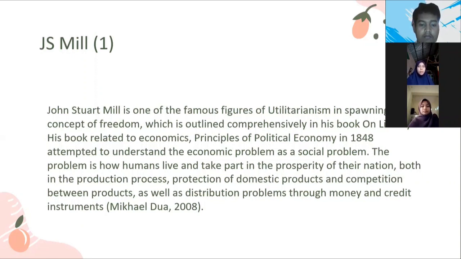The problem is how people live and participate in the prosperity of their nation, both in the production process, the protection of domestic products, and the competition between products, as well as in the problems of distribution through monetary and credit instruments.